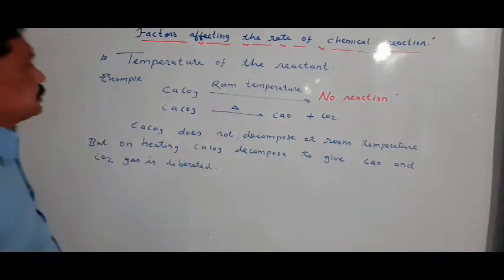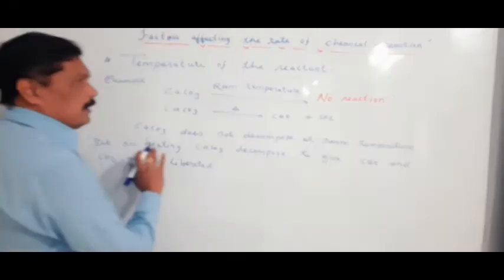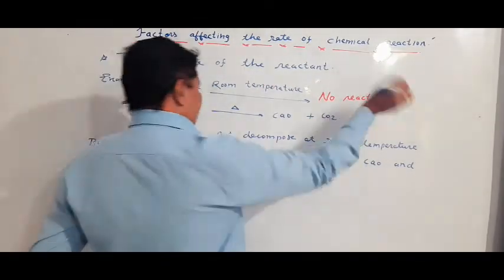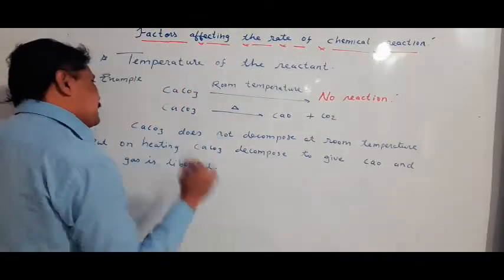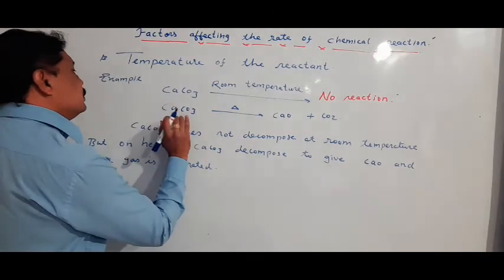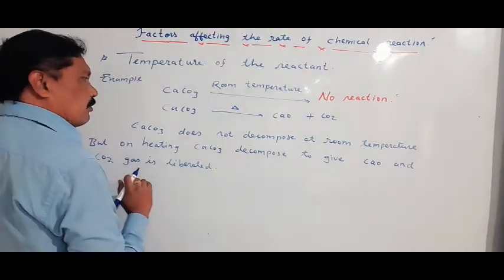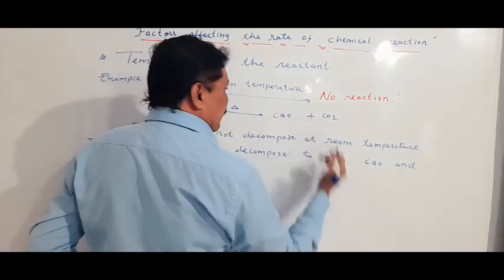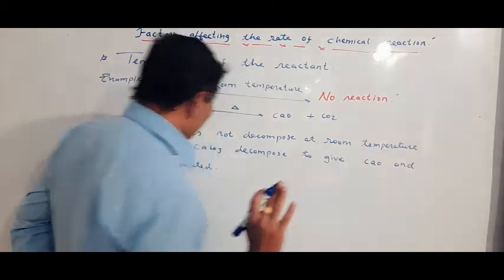In this example, student, calcium carbonate, when it is kept at room temperature, there is no reaction. But the same calcium carbonate, if we heat, then what happens? There is decomposition of calcium carbonate and we get calcium oxide and carbon dioxide gas is given out.